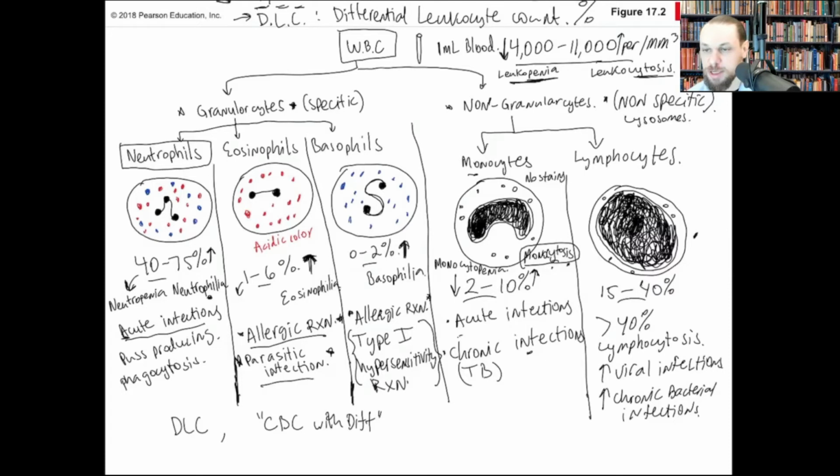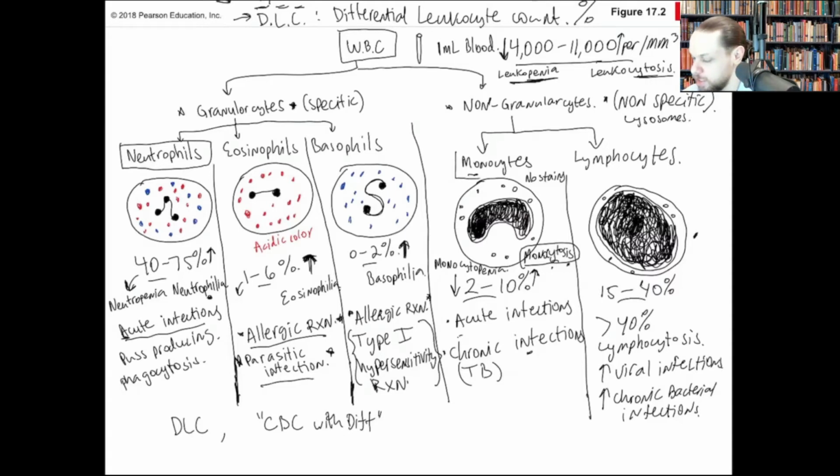What happens in that condition is the body is making more of those cells to send and fight the acute bacterial infection. This is how physicians are able to reach the appropriate diagnosis. A patient comes in with a chief complaint, they do their physical exam, then they order specific blood work, look at these numbers, and are able to better state their diagnosis.